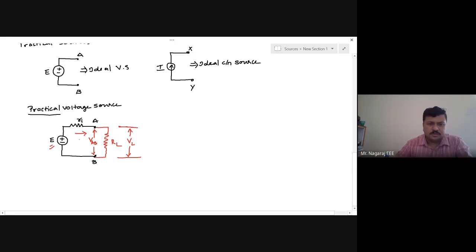Let this be current I. Simple Ohm's law we can apply here. The total resistance of the circuit is Ri plus RL because those two are in series, and current I is equal to E divided by Ri plus RL.